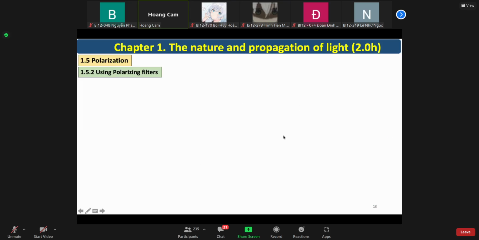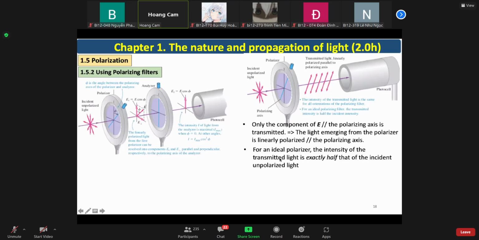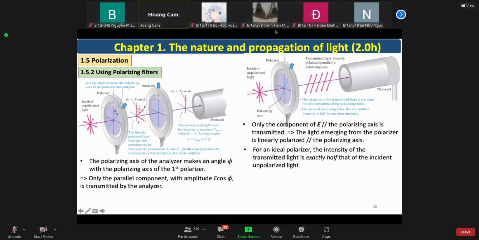So these are some examples, and I want to move to using polarizing filters, but we can do that next time. I don't want to force you that much. So we can stop the class today here. Also, I really want to finish this. Okay, never mind. We will continue next Friday, and I would like to warn you as well that for the next class, the speed should be a little bit faster, because we have a lot of content.